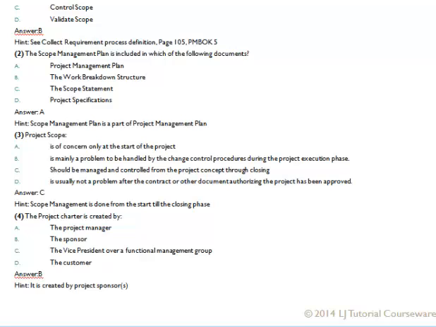Most likely, the PM is not the one actually doing this document. It's the sponsor that is actually doing it, because he would be able to know what amount of resources he can pull out from the organization for the project. So the project manager doesn't prepare the project charter; it's the sponsor that prepares it.